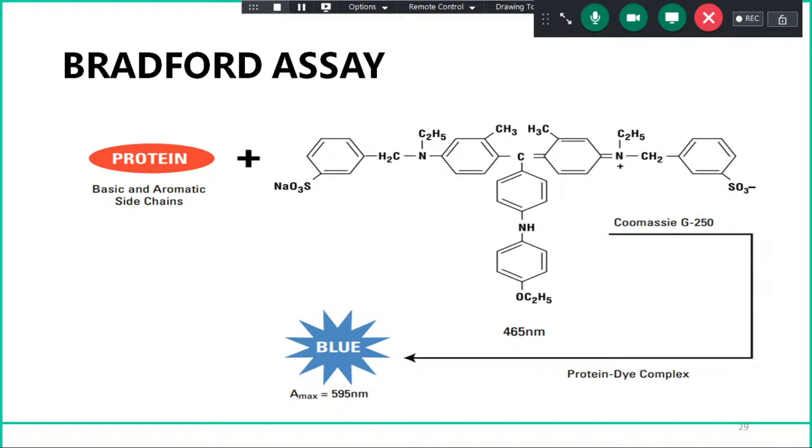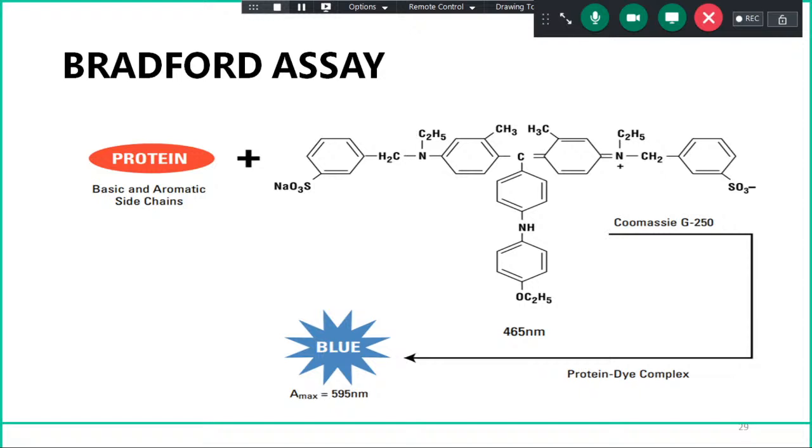Now this is the dye based method. The dye being used here is called Bradford reagent, which is Coomassie Brilliant Blue G250. Okay, so this dye exists in three forms. One is anionic form, one is cationic form, and one is neutral form.